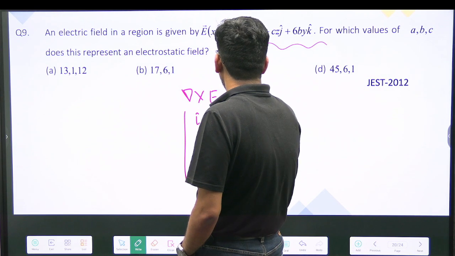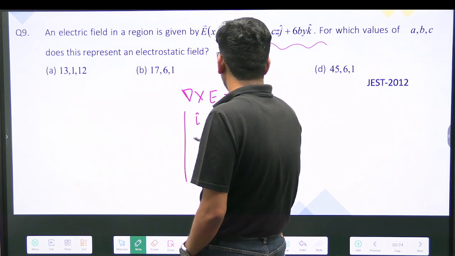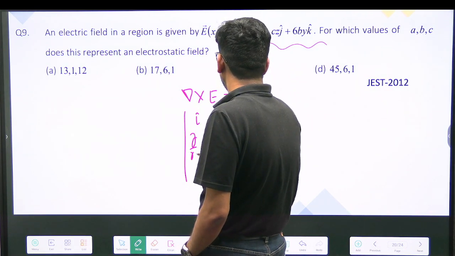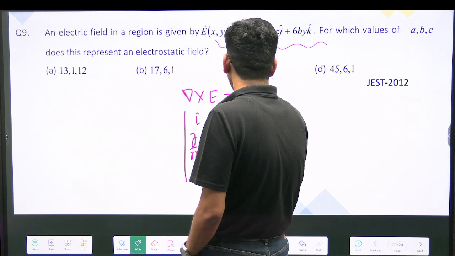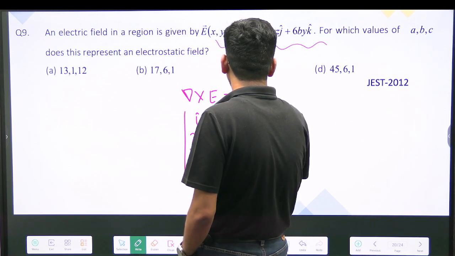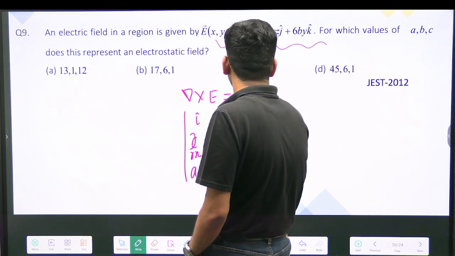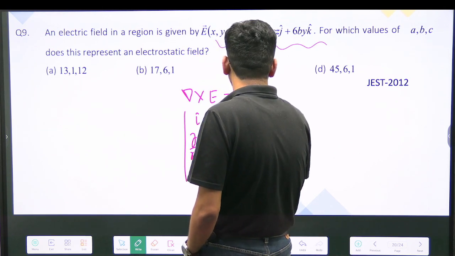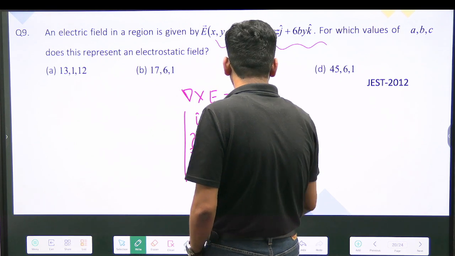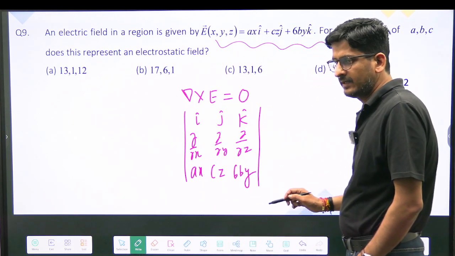The determinant with i, j, k; del by del x, del by del y, del by del z; and the components ax, cz, 6by, right?